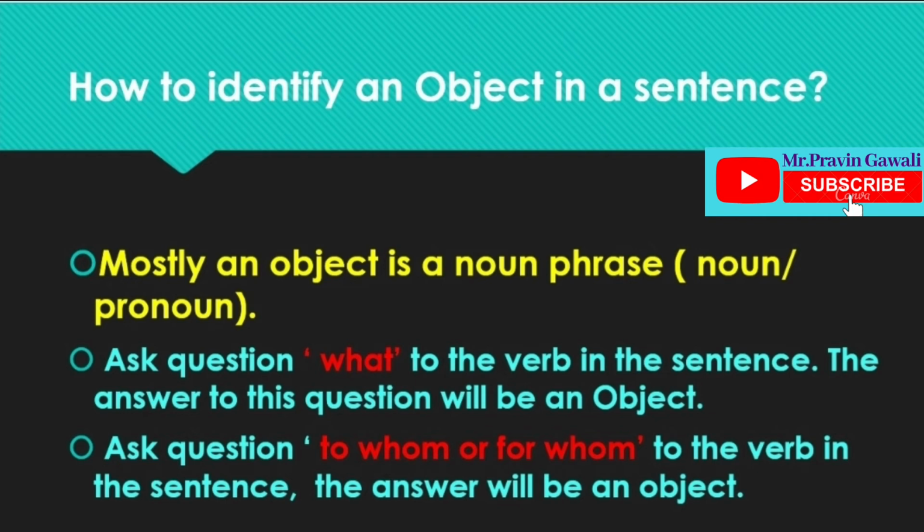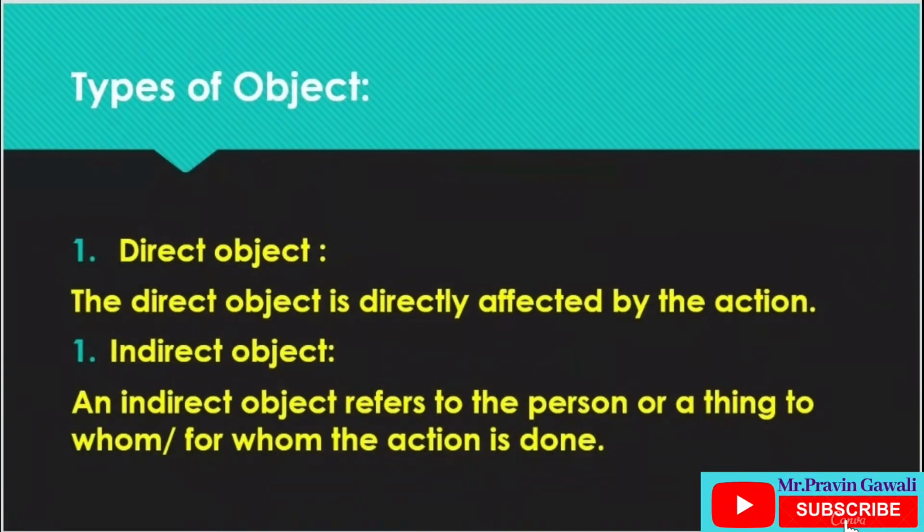Then whatever will be the answer, that answer will be object in the sentence. Have you understood this much? Very good. My dear students, there are two types of objects. One, direct object, and second, indirect object. Do you know what is direct object and indirect object?